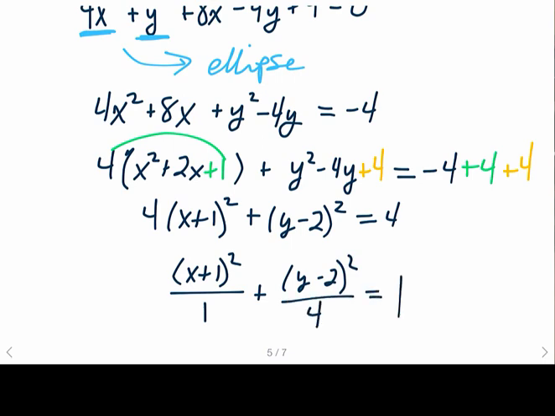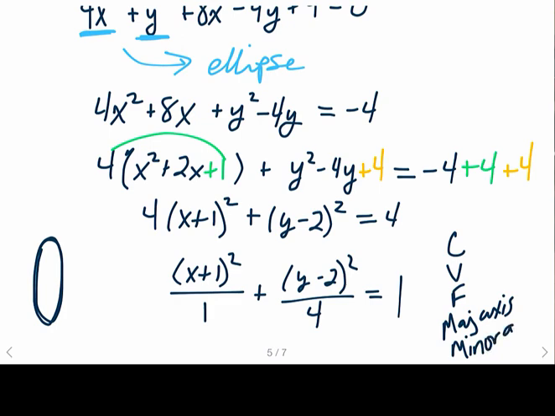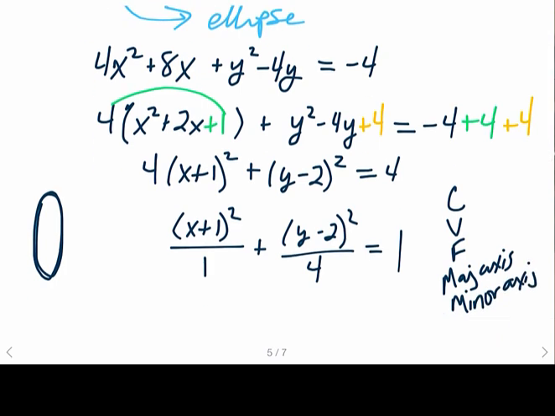And now I know that this is an ellipse that's basically a football on its end. And we have a center, vertices, foci, and if you're asked for them, the major axis and the minor axis. Okay, and then of course, don't forget, we can graph the thing, right?